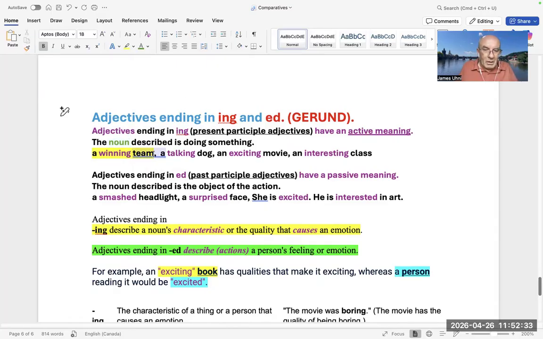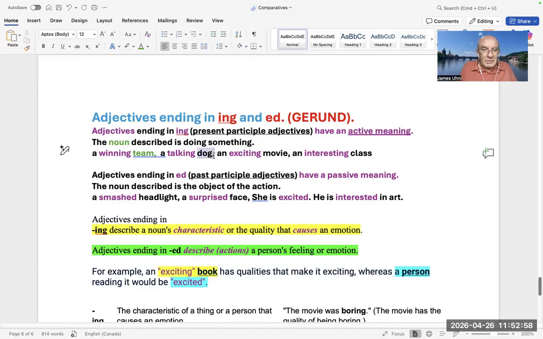I will take off the yellow color and team is going to be green. All right. Then we have talking dog. Talking is an adjective.